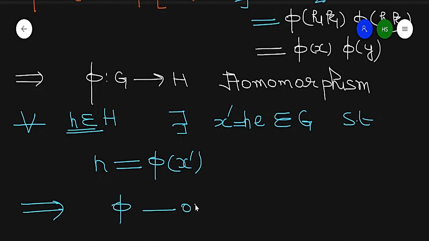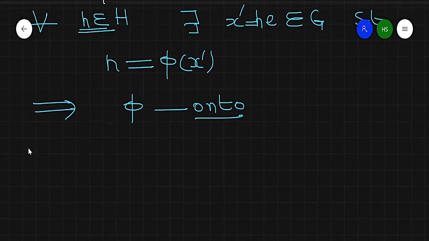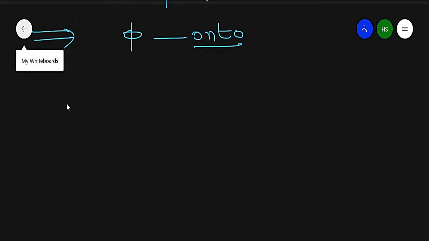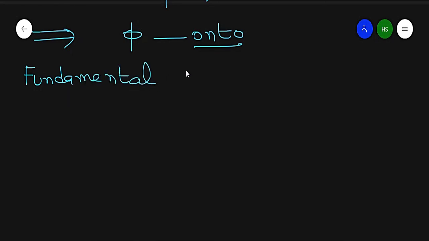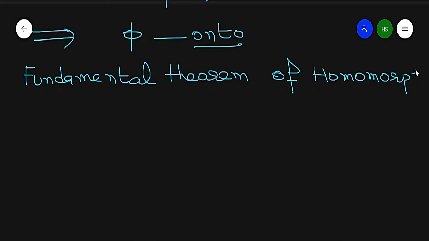If it is a homomorphism as well as onto, then by the fundamental theorem of homomorphism, the right hand side, which is H, is isomorphic to G by kernel of phi.